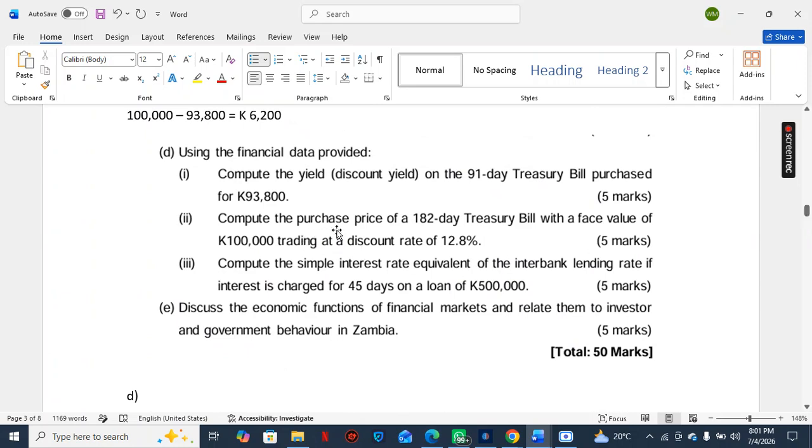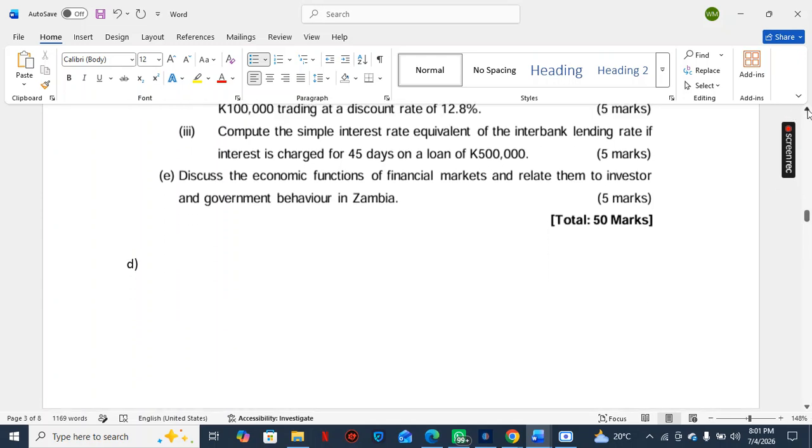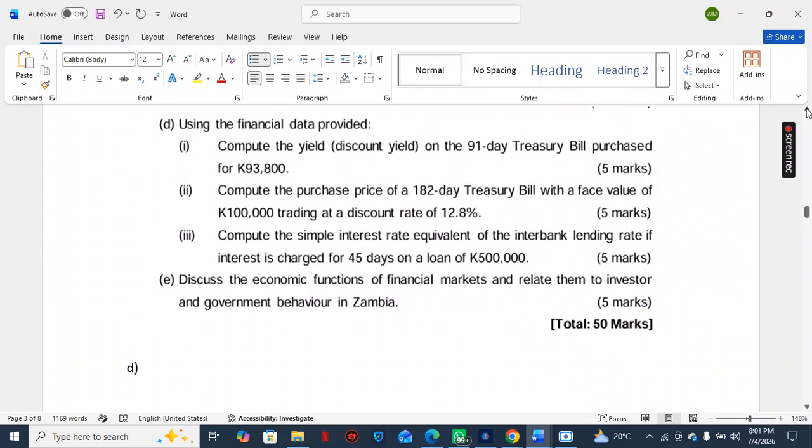We're computing the purchase price of the 182-day treasury bill. Compute the purchase price of a 182-day treasury bill with a face value of 100,000, trading at a discount rate of 12.8%.